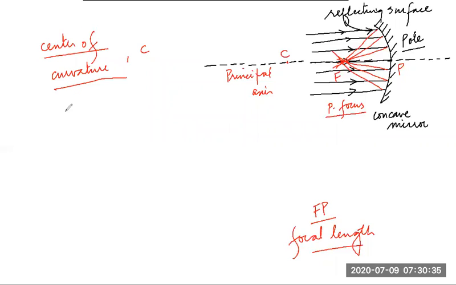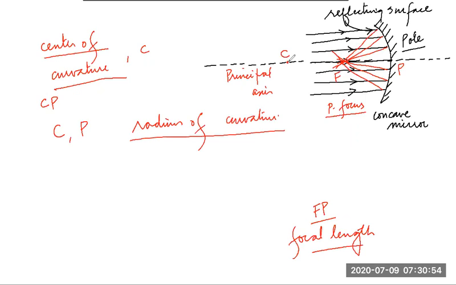Now guys, this length CP, that is between the center of curvature and pole, is known as radius of curvature. So students, what is radius of curvature? It is the distance between the center of curvature on the principal axis and the pole of the mirror, CP.